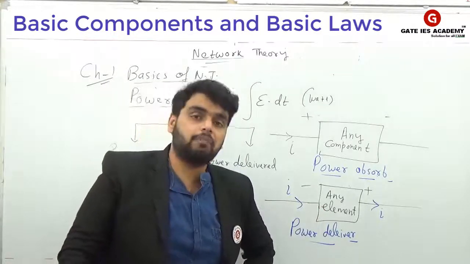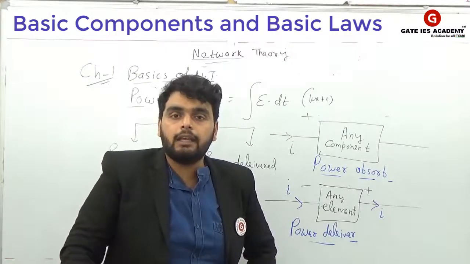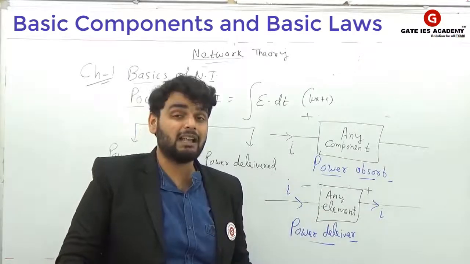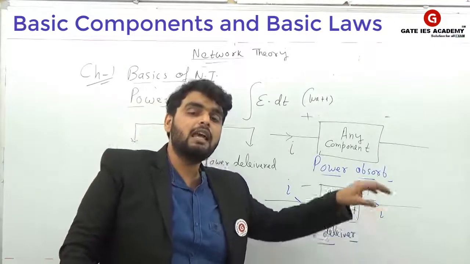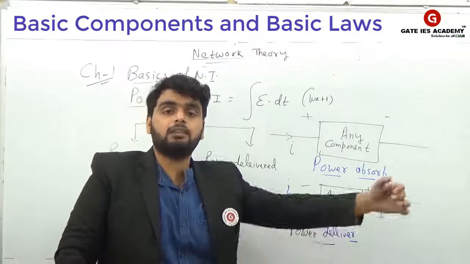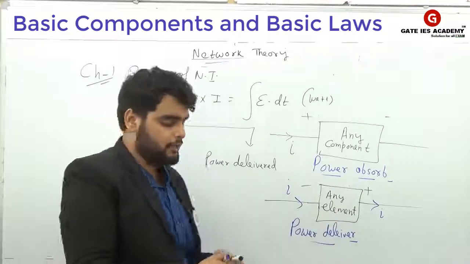Now, what is the meaning of the plus minus sign? Remember one thing, if the question is asking what is the power absorbed by a particular element, but actually in the network the element is delivering power, then the power absorbed is the negative of the power delivered. Why? Because of the conservation of energy.